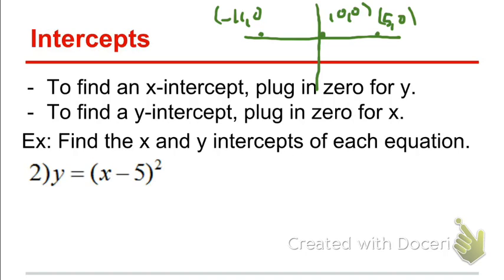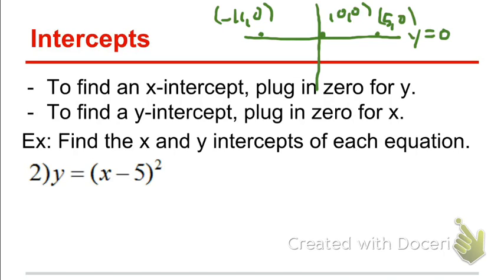They all have something in common. And the thing they have in common is that y is always equal to 0. Alright, so that's why you simply plug in 0. You try to see when is y going to be 0, and that is the x-intercept.